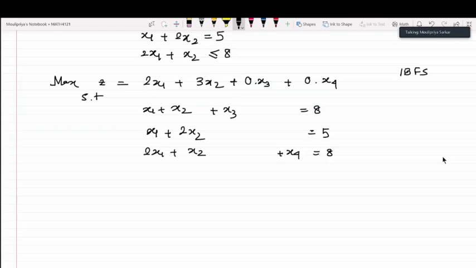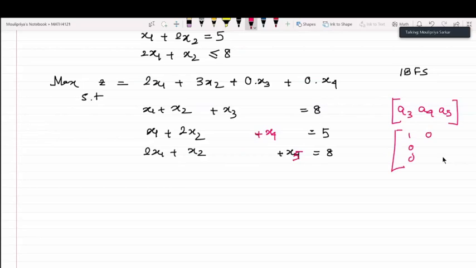Had we chosen plus x4 right here and x5 right here, then of course a3, a4 and a5 would have resulted in the identity matrix of order 3 cross 3. Am I clear with this?